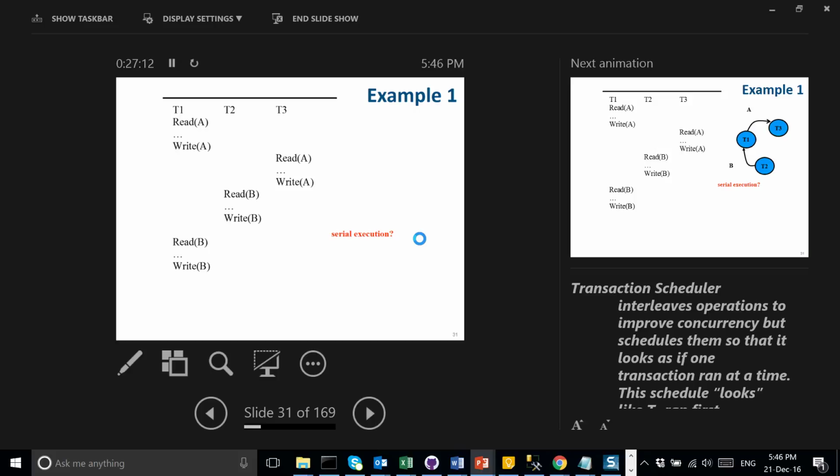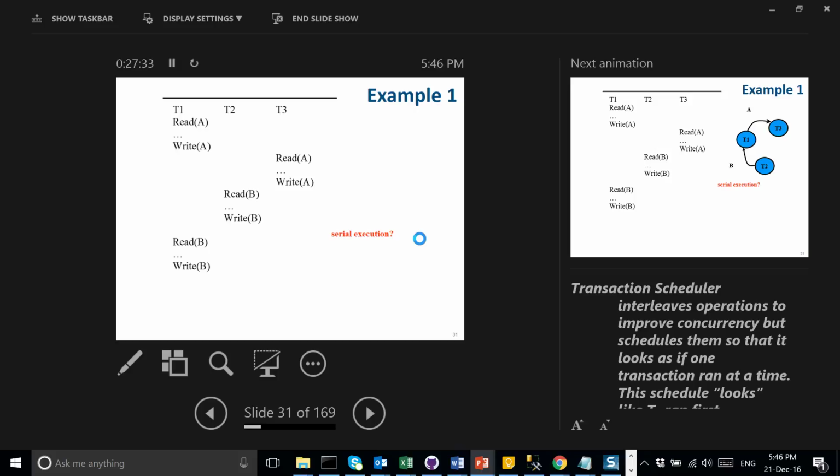So it uses a locking mechanism following a certain protocol. Let me take this example, and we apply the protocol to show you how that protocol achieves serializability. Okay? So here it is.